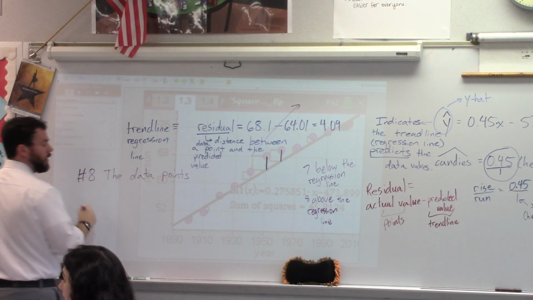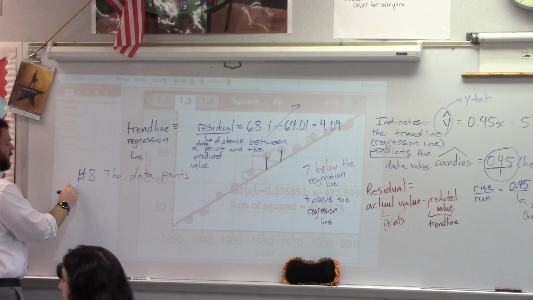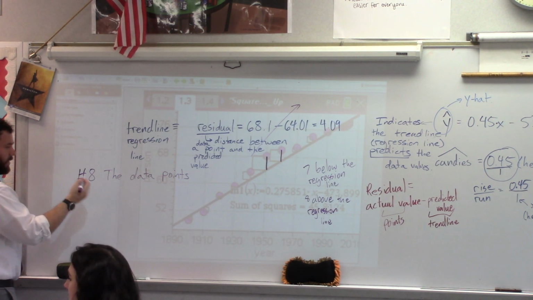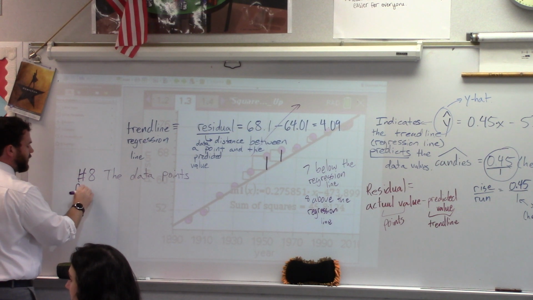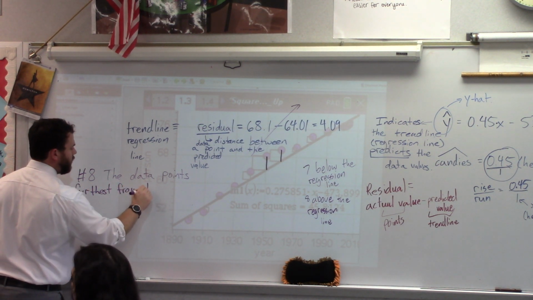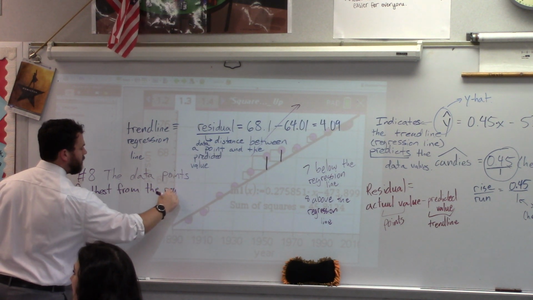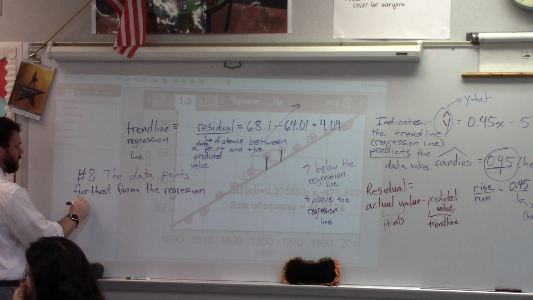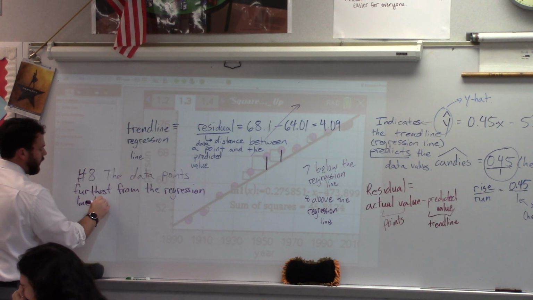Hey y'all, we should be writing this down for number 8. Make sure we have this idea. If it's a little different, it's okay, but the data points furthest from the line, from the regression line, have the biggest squares.